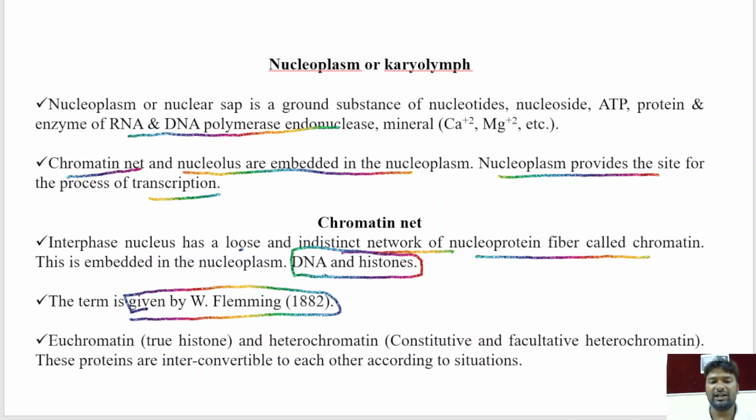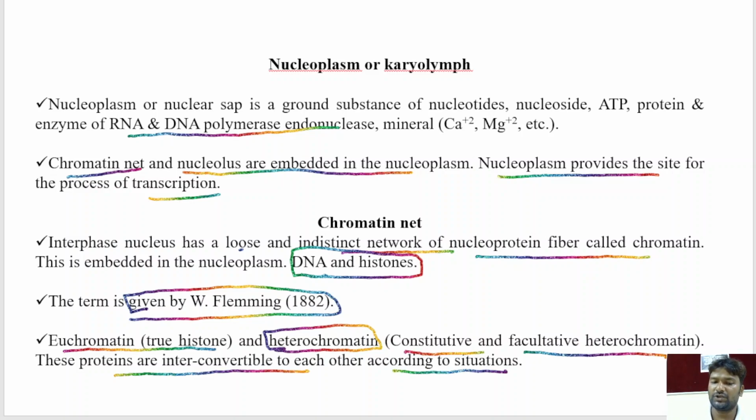And there are two types of chromatin. One is euchromatin, also called true chromatin. And the second one is heterochromatin, which is again of two types, constitutive and facultative heterochromatin. And these are interconvertible to each other according to the situations.